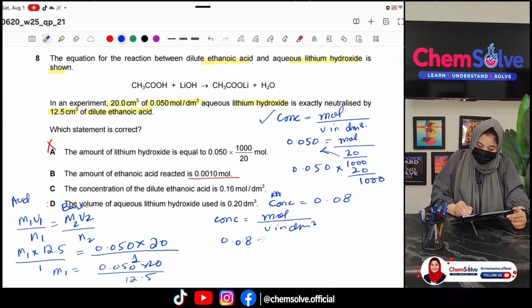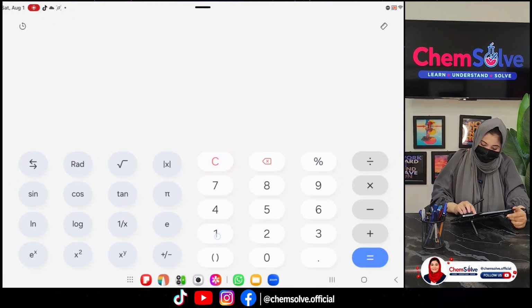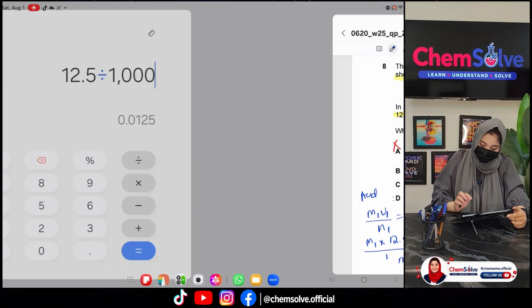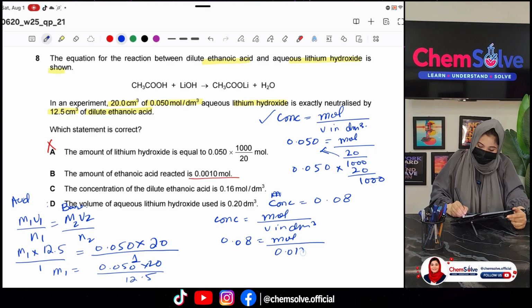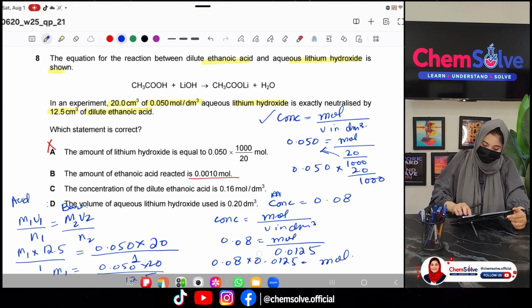Concentration is 0.08. Mole I need to find out. Volume is 12.5. So 12.5 divided by 1000 is 0.0125. 0.08 multiplied by 0.0125 is equal to mole.